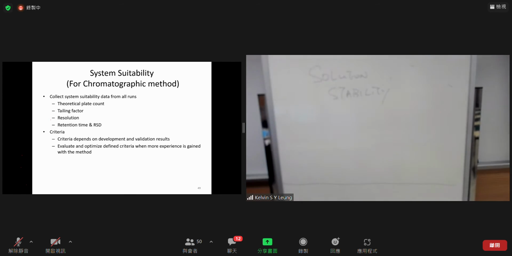In some practices, they would like to include the solution stability. So what does this include? What kind of studies do we have to take in the solution stability?